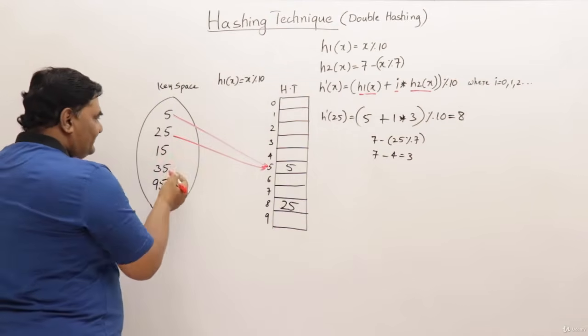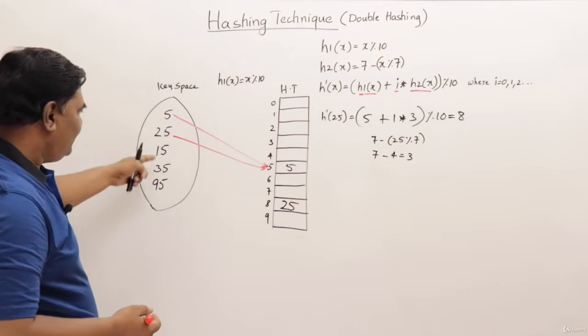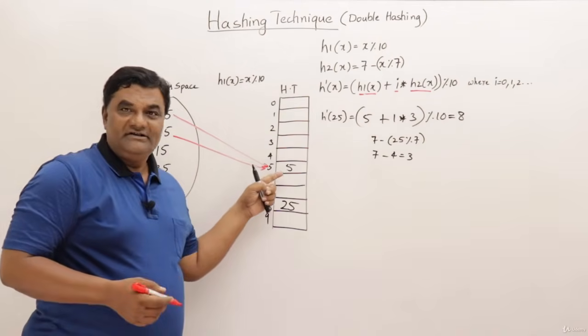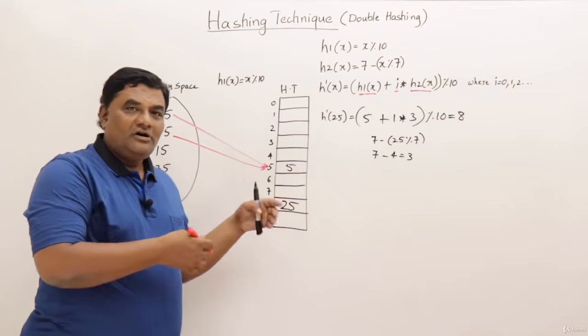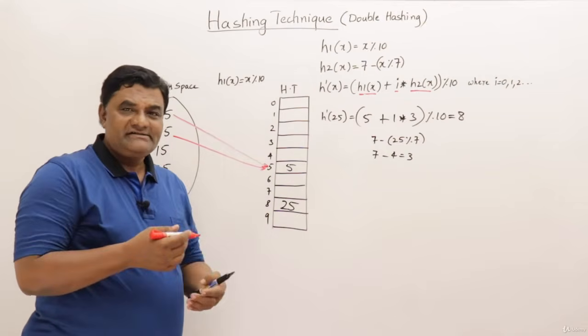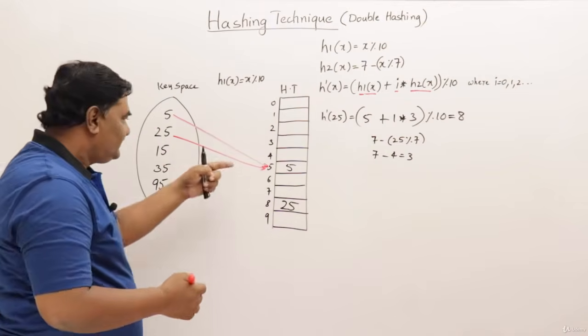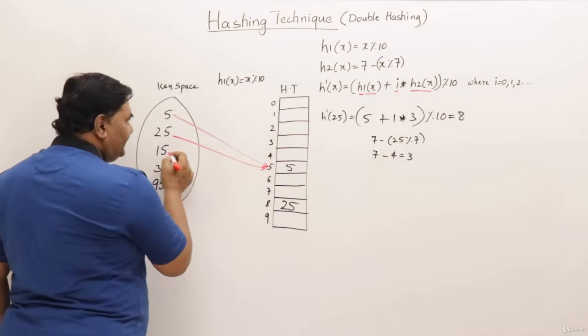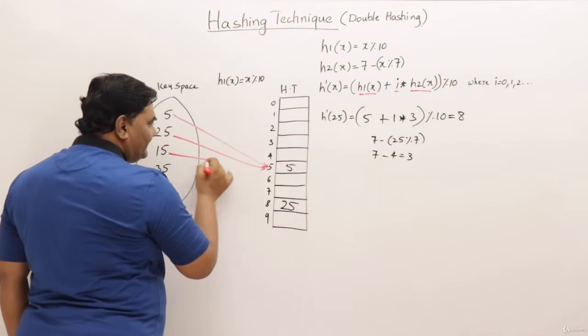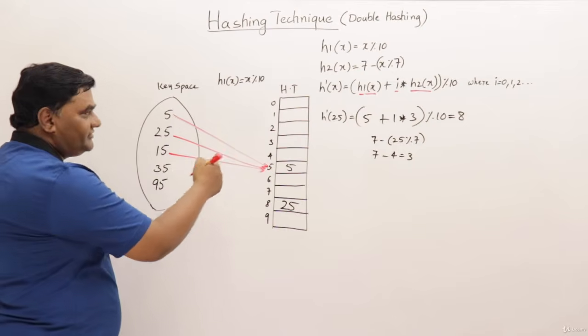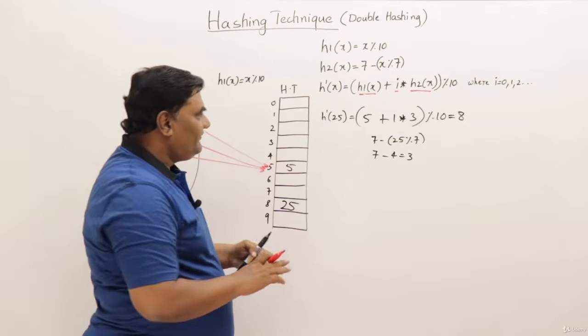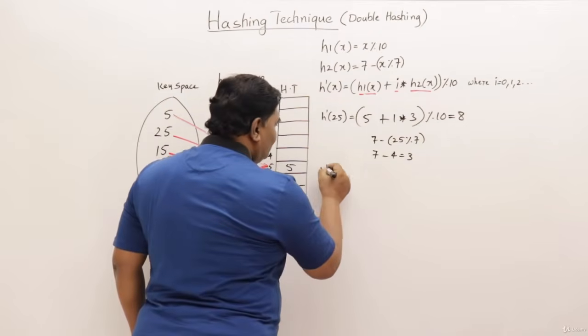Now next, 15. See, the keys I have taken all end with 5, so they will all collide with this index. So we can see the extreme cases also. So let us map 15. 15 mod 10 is the same index. Collision. Now let us use this modified hash function for 15.